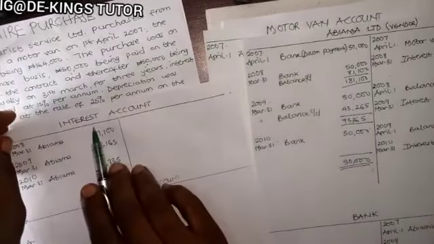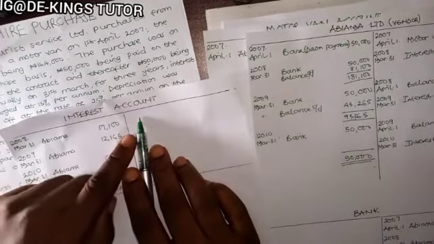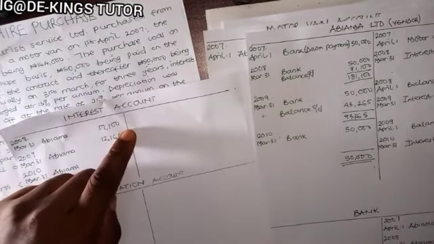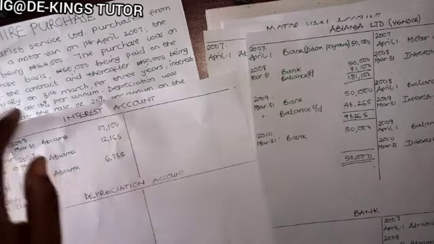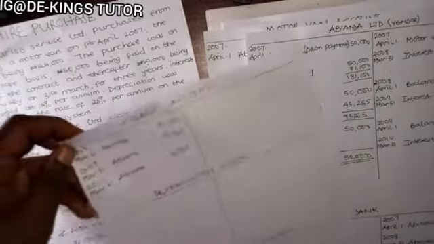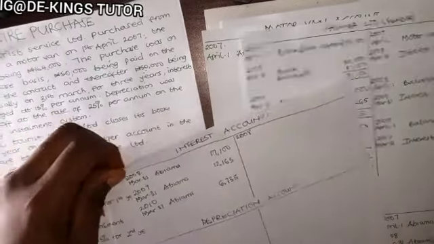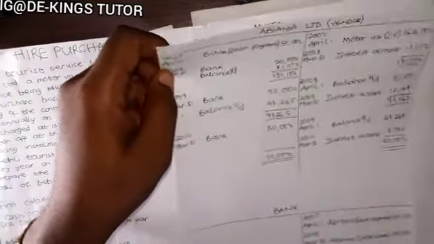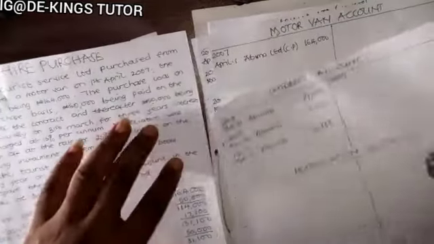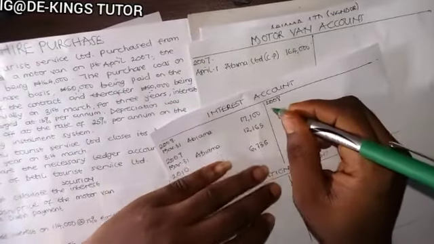Now, once we have recorded the interest account, the next thing is to close it to the profit or loss account. Okay, so if we do that, we'll close it the same year. This is 2008, so we'll close it. Now these ones are already closed. So we'll close the interest account to the profit or loss.